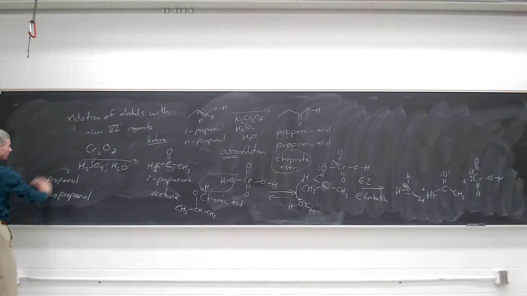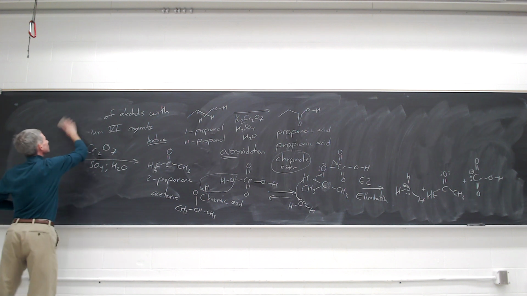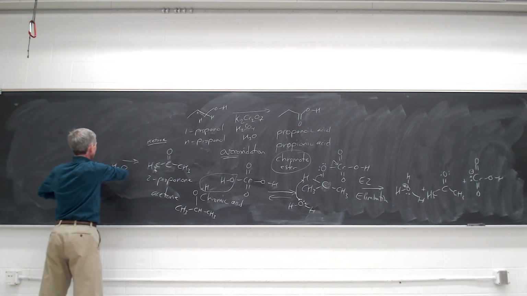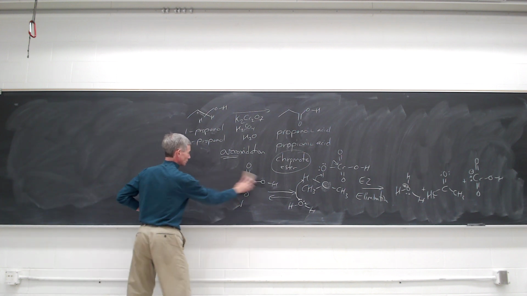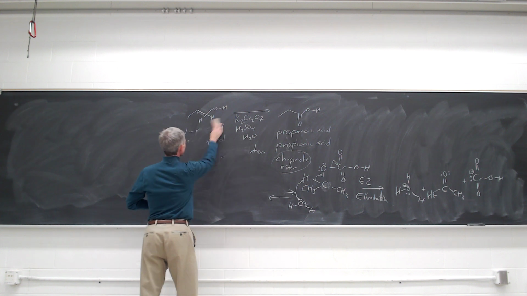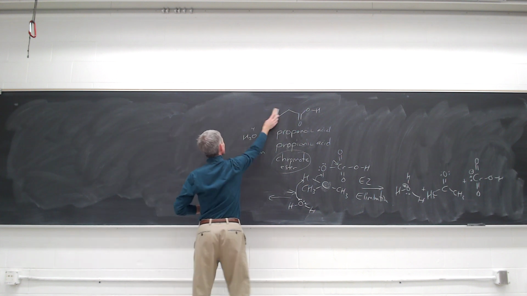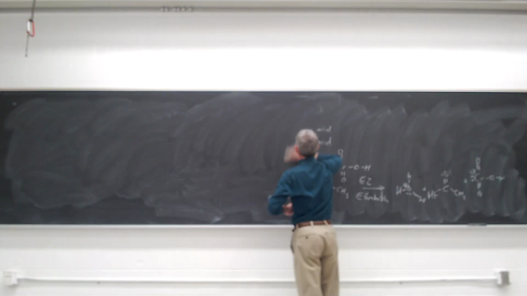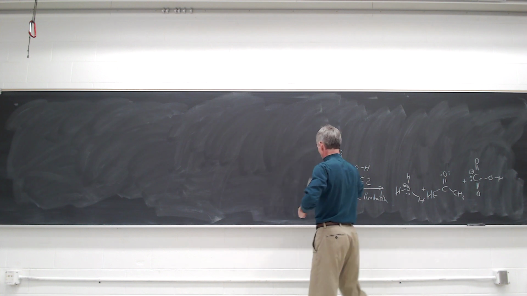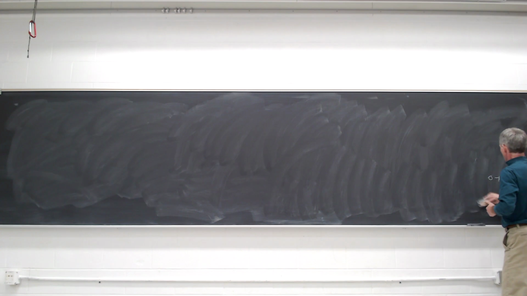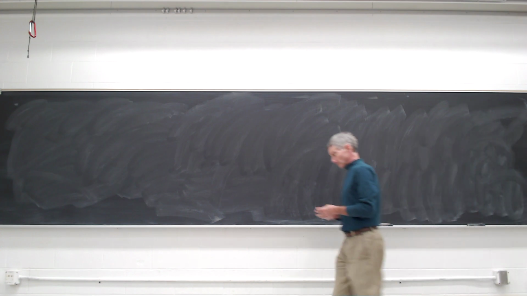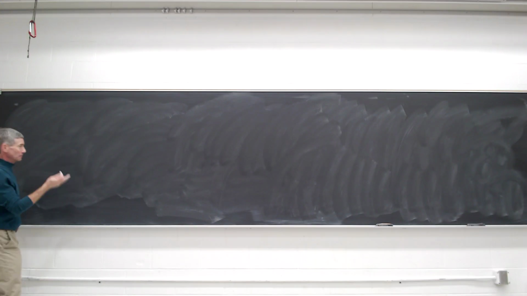So to successfully convert the primary alcohol to an aldehyde, you need to use a non-aqueous system. And we need conditions that are closer to neutral. And we'll talk a little bit about why that's true later.